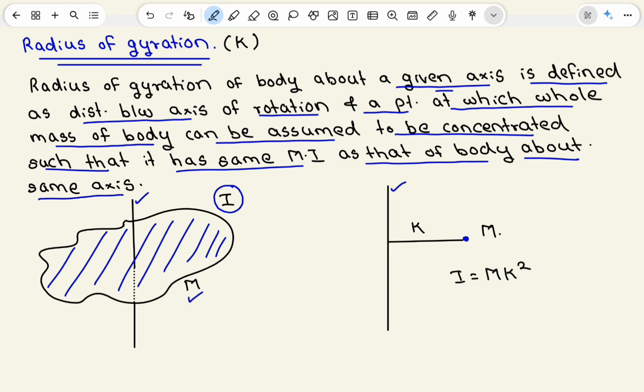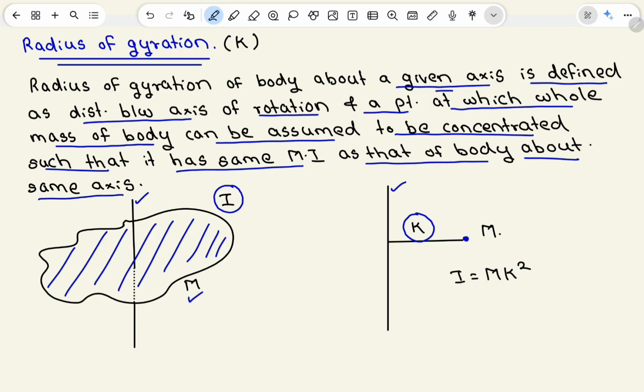So what we have changed is just the body. Initially we had a body which was extended, spread, and now we have converted that body into a point mass, keeping the mass same. We have kept the point particle at a distance k from the axis of rotation.